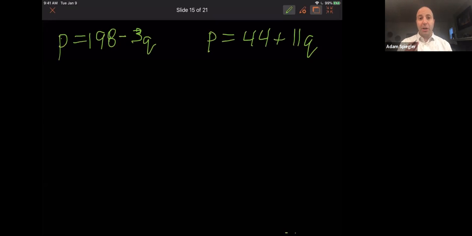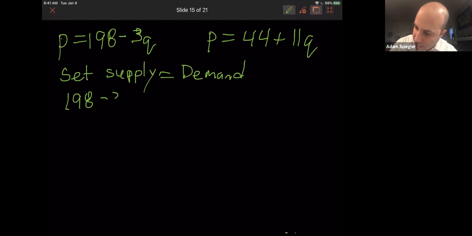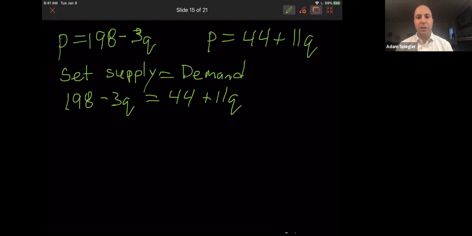So the equilibrium is going to be the intersection, just like it was with the revenue and the cost. We want to find the intersection of the supply and the demand. So we set supply equal to demand, and in this case, we solve for Q. So I would get 198 minus 3Q, and I set that equal to 44 plus 11Q.